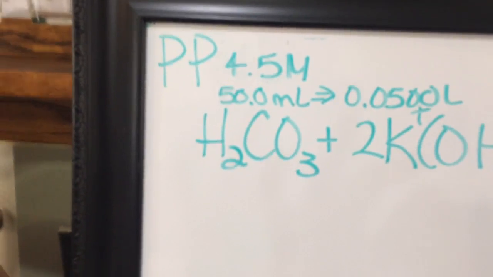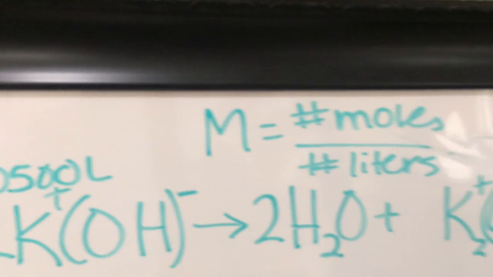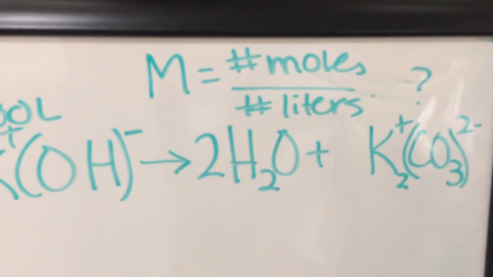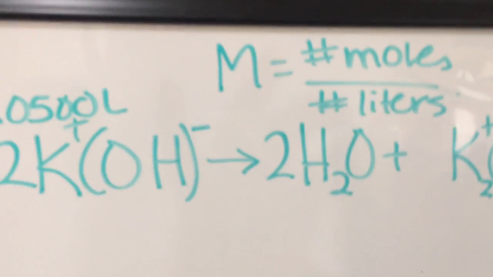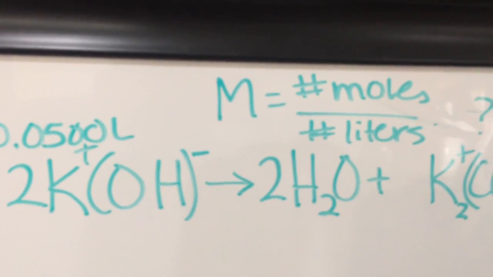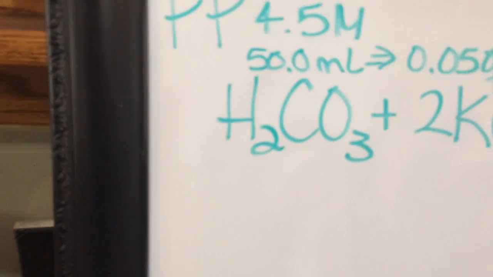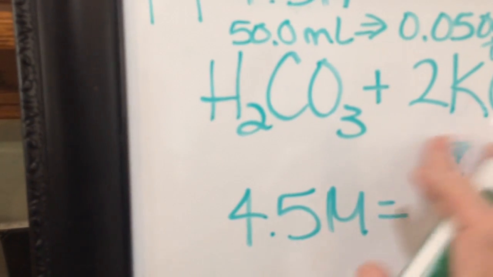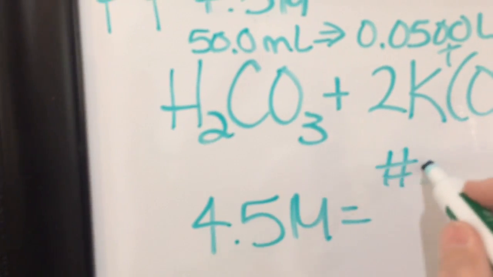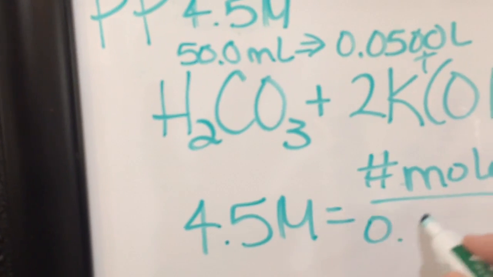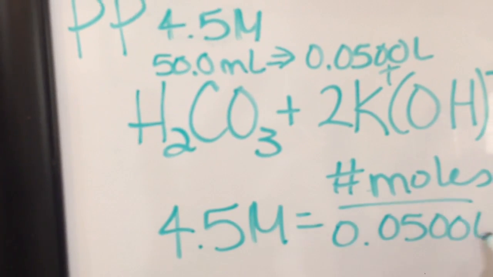Here we go. Looking at this formula here, remember I told you always look at what do I have and what do I do with that information. I have molarity and I have liters, so I can find out the number of moles. So my molarity, 4.5 molarity, equals the number of moles over 0.0500 liters.